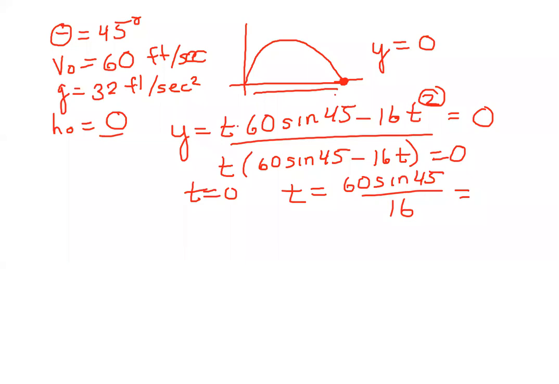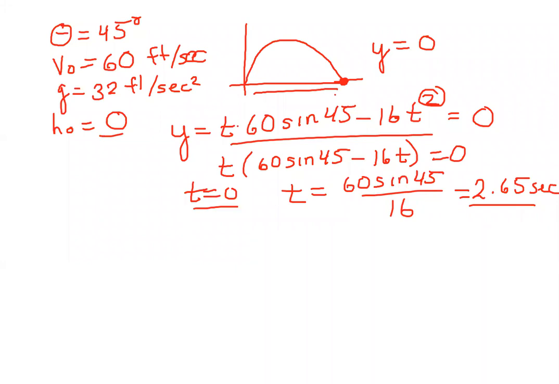On the notes that I gave you, they did it differently, but I think this is much easier. And you get 2.65 seconds. On the notes, she used the quadratic equation. There's no need to use the quadratic here since there isn't a constant term.